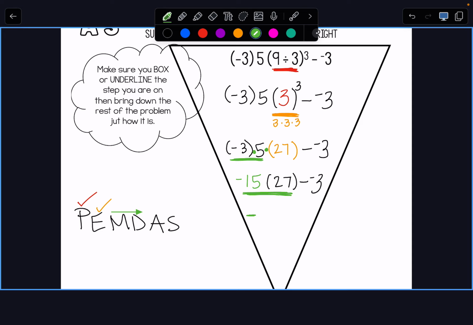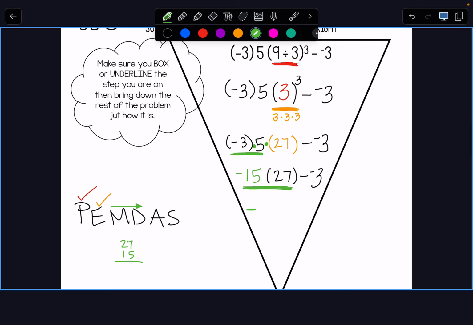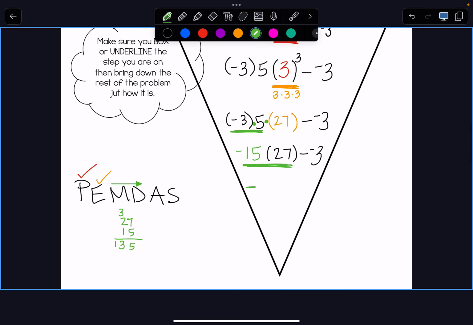And I really appreciate those of you who are going off to the side and saying 27 times 15. All right, 7 times 5 is 35. 3 times 2 is 10 plus 3 is 13, right? Then we have 1 times 7, 1 times 2.